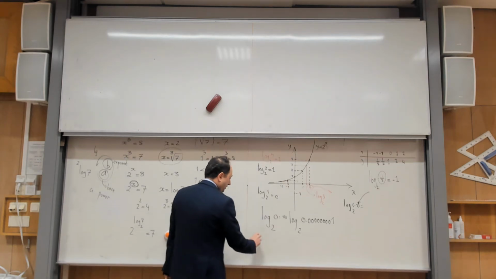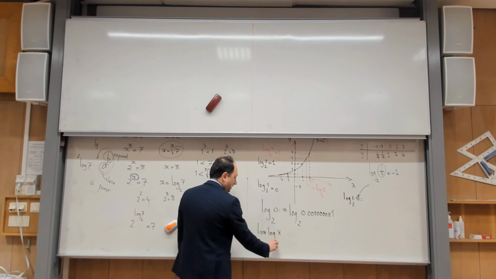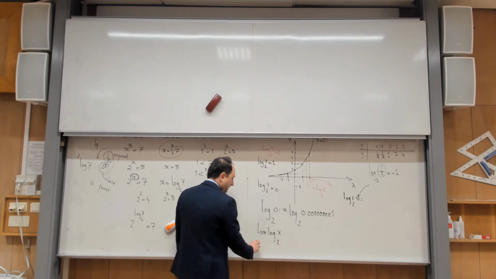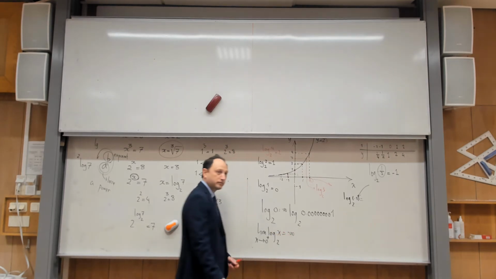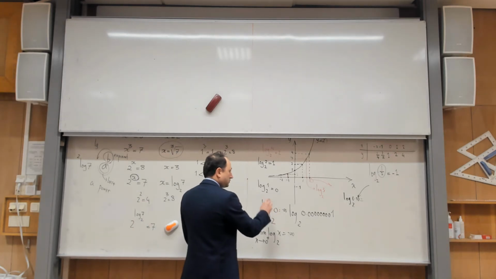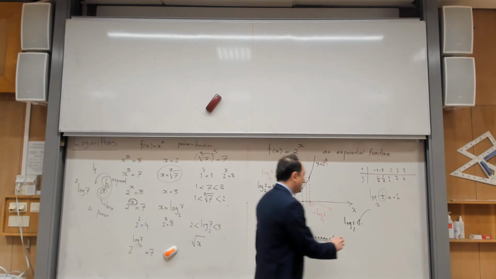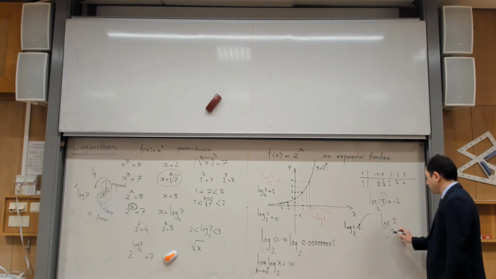But if you want more advanced mathematics, you can just simply ignore that. So you can say the logarithm of x in base 2, when x gets close to 0 from the right-hand side, is negative infinity. But forget about this. So, what we learned is that logarithm of x in base 2 is a function.